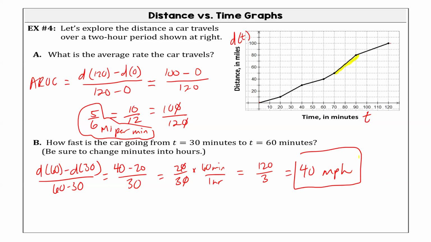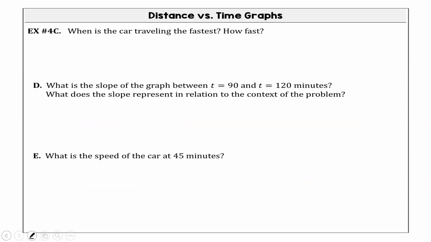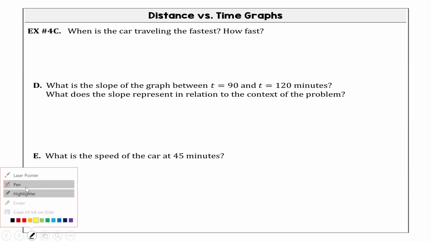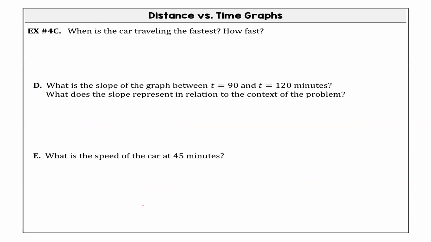All right, calculate it. How fast were they driving? They were speeding. How fast? 90. Yeah.